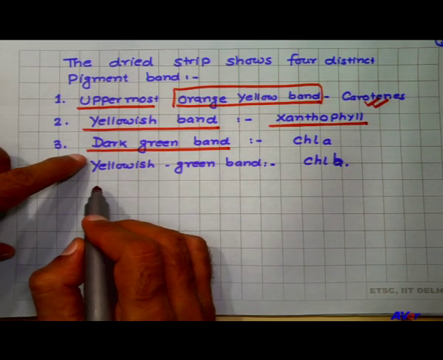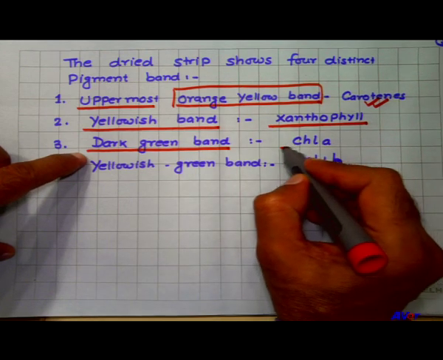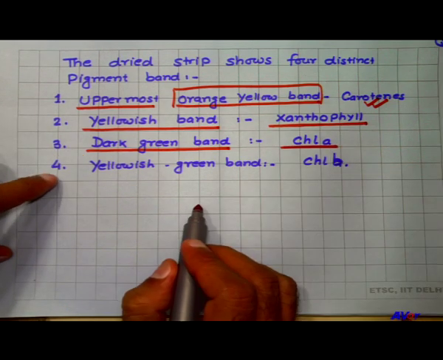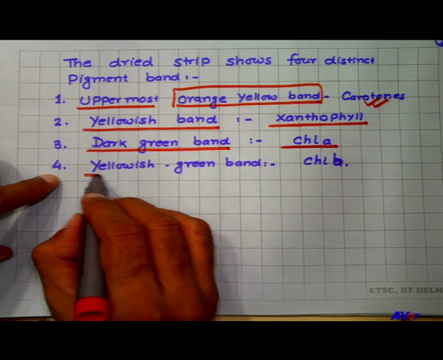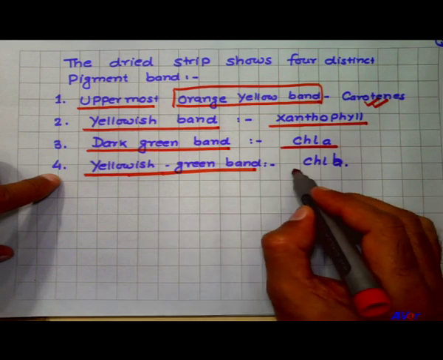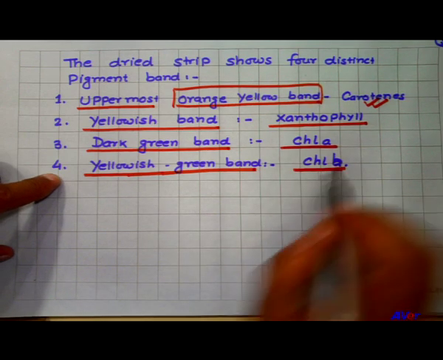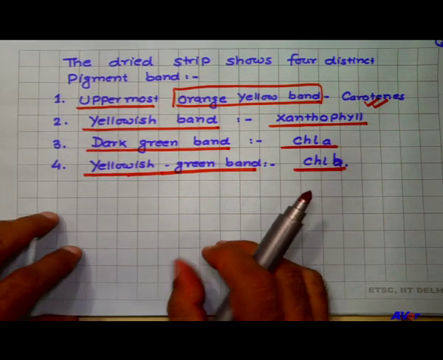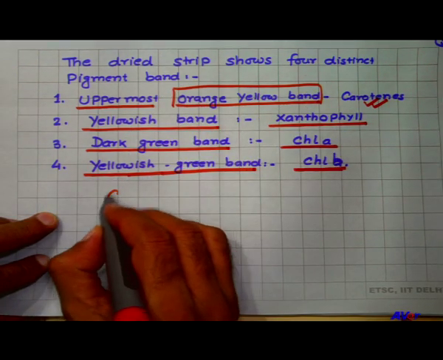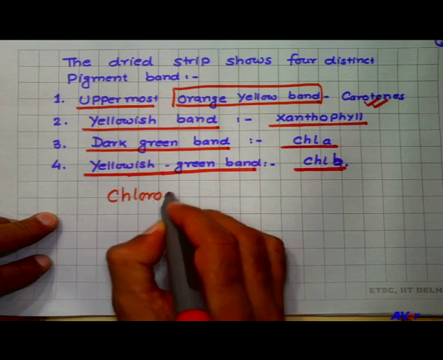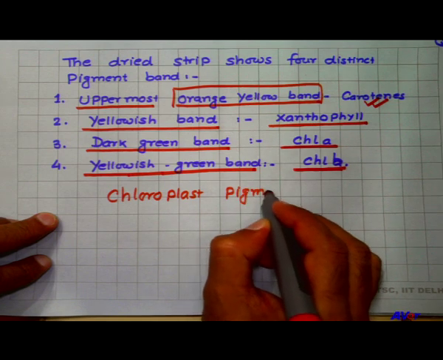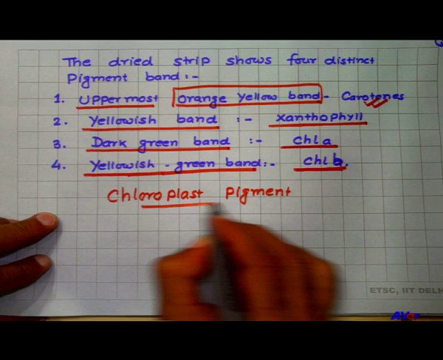This dark green band of the universal pigment is chlorophyll A, and the last, fourth band, a yellowish green band, is chlorophyll B. In this way we can isolate all types of chloroplast pigment with the help of paper chromatography.